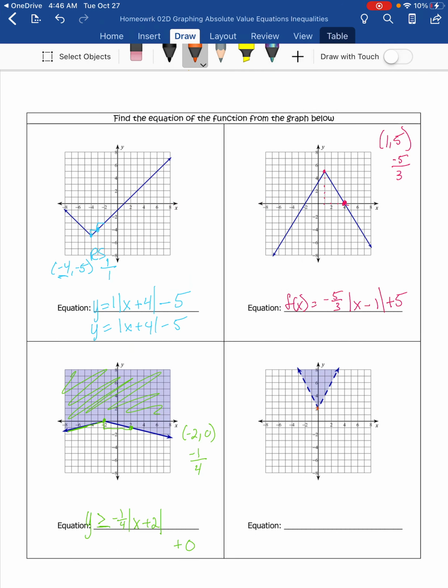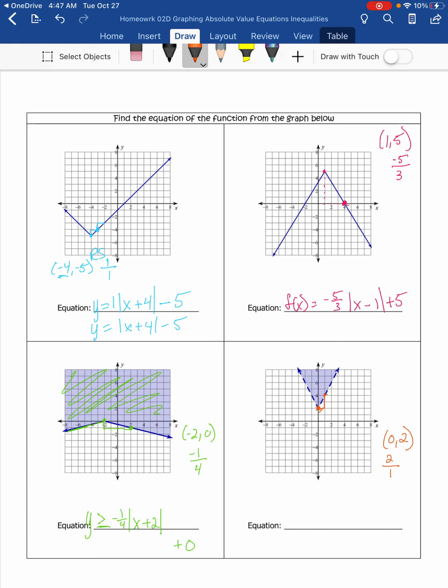All right, the last one, same thing. So here, my y-intercept is 0, 2. My slope looks like it's right 1, up 2. Up 2, right 1. So it's going to be 2/1.